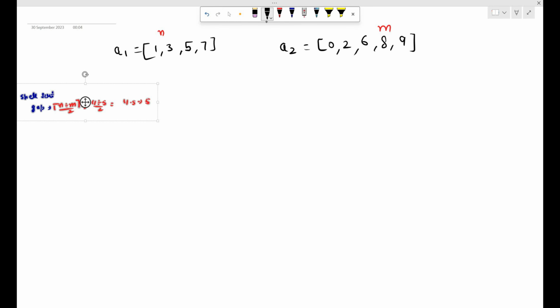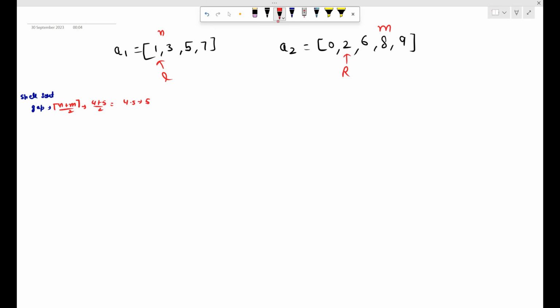Let me initialize one pointer, left, at the beginning, right? And the next pointer, my right, should be at 5. That means 0, 1, 2, 3, 4, 5. Let's say here. Okay, this is my R.